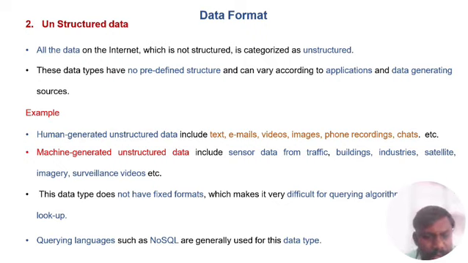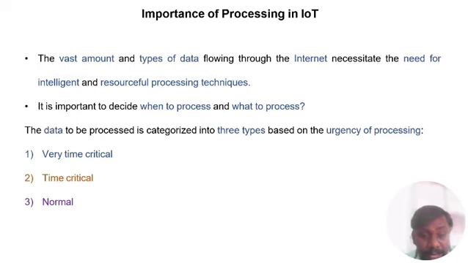These don't have any fixed format, so it is very difficult for querying algorithms to look up and solve the issues. For this kind of data we can use NoSQL technology to identify the data.